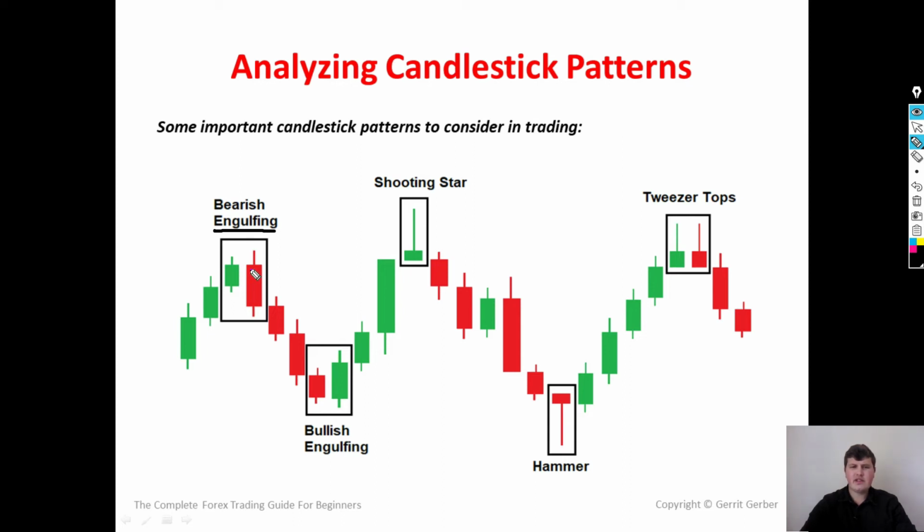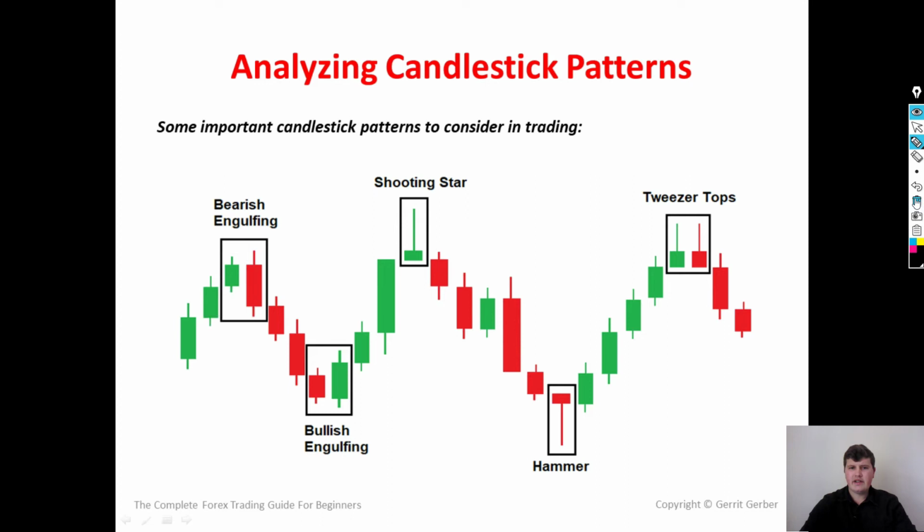The important thing is just that the second candlestick over here fully engulfs the first candlestick. As you can see, the high of this candlestick is higher than the previous candlestick, and the low is lower than the previous candlestick over here. So this red candlestick fully covers or engulfs the previous candlestick.